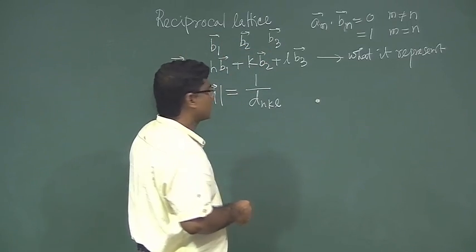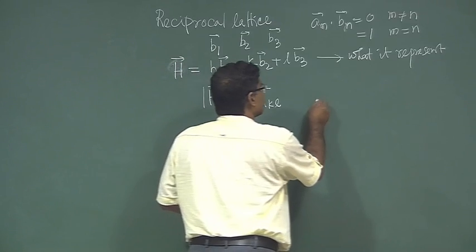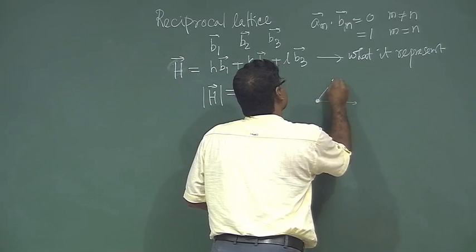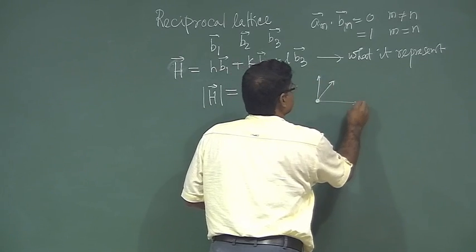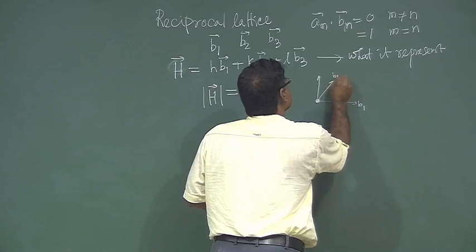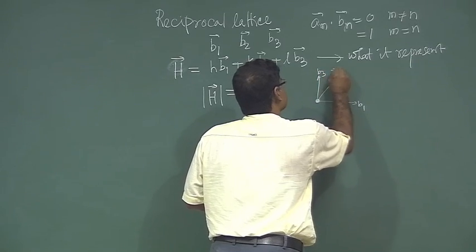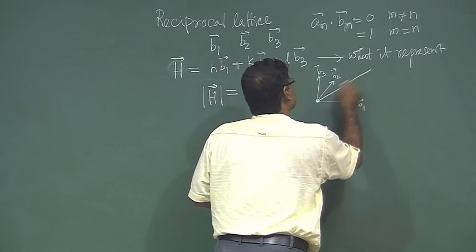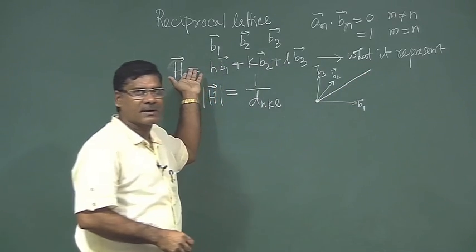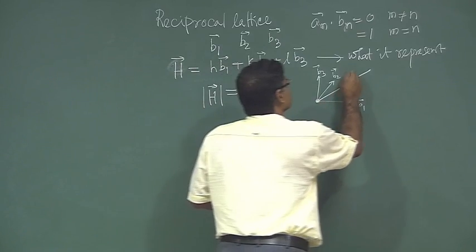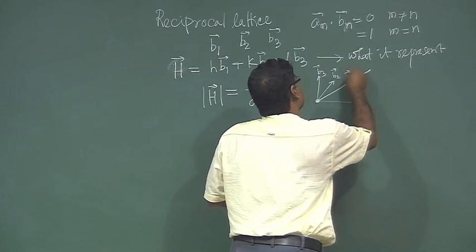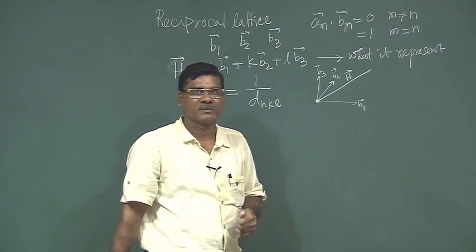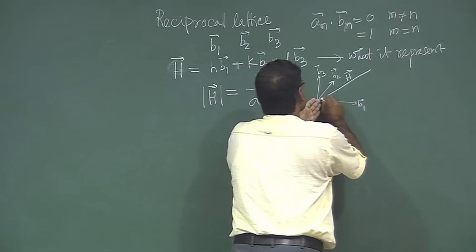So, this vector will represent, if this is the origin for B1, B2, B3 and this is a translational vector, like we are telling reciprocal vector H, right, if its coordinates are HKL, then which point is it?